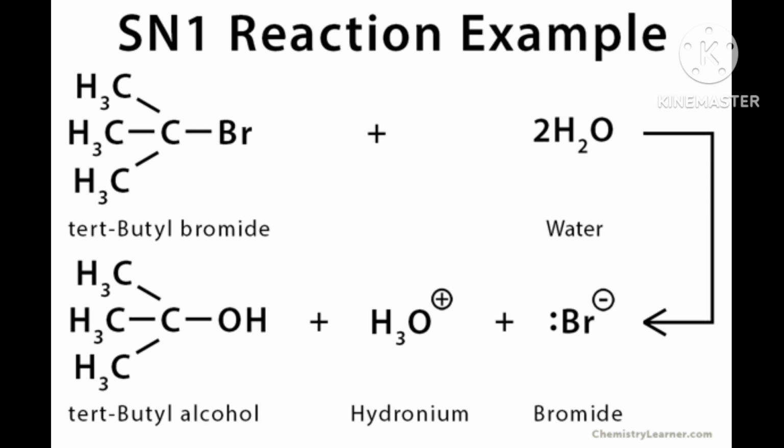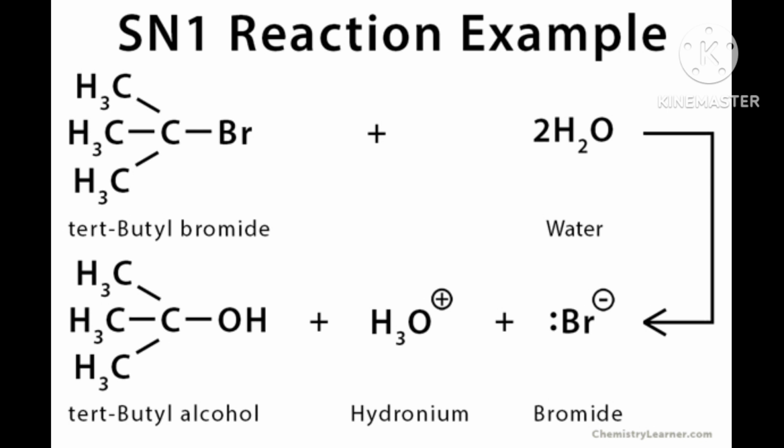Okay, this process is called inversion of configuration. Just like in a wind, sometimes an umbrella will be inverted. It will go outside. Like that way, here the molecule will invert.